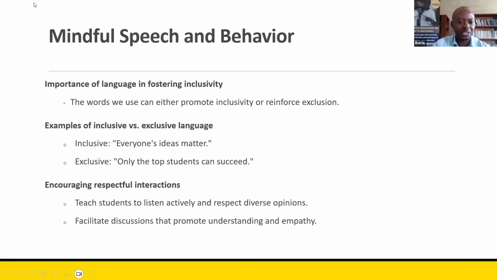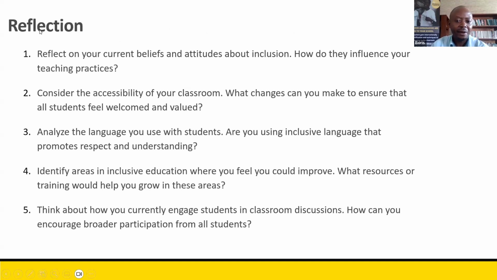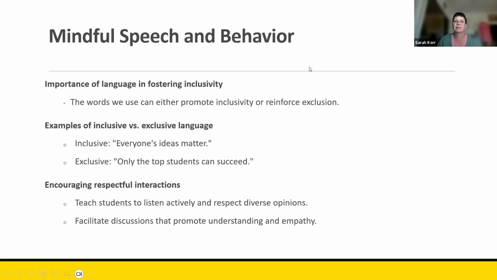All right, thank you very much. The examples are already there. We are going to look at encouraging respectful interaction. We should teach students to listen and respect diverse opinions, and to always accommodate different learners. They should never see themselves as very special or deserving special preference in class. In the classroom, try to make them all equal. We should also facilitate discussion that promotes understanding and empathy, just as Spongy did.